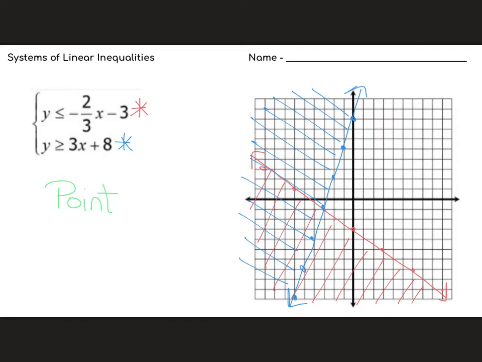So I will pick, just as an example, that point that is in the overlap of the two solutions. And that has coordinates negative 7, 0. That is only one point, but that is one of the points that is a solution.